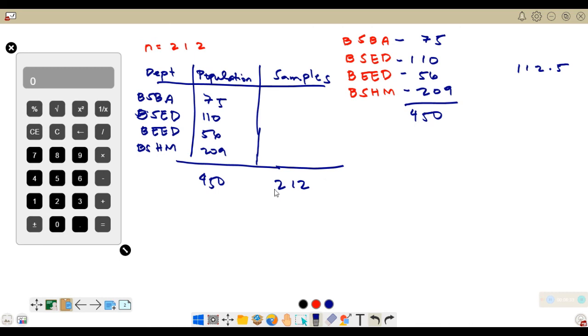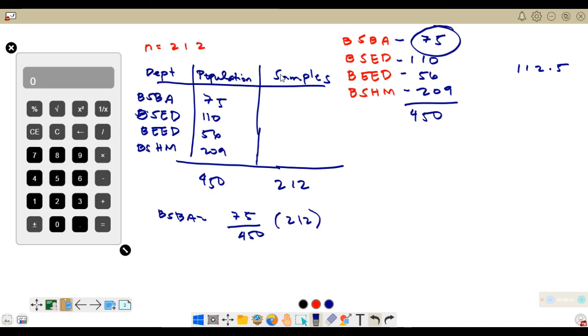So, ang gagawin natin, yung ratio ng population ng BSBA over the total population will be multiplied by the number of samples. So, for BSBA, you will use 75 over the total population, 450. Tapos, multiply mo yan by 212.